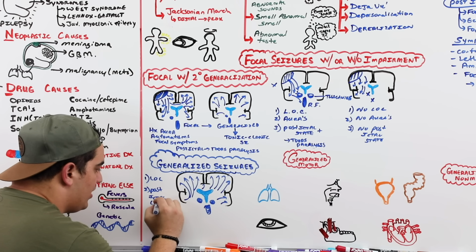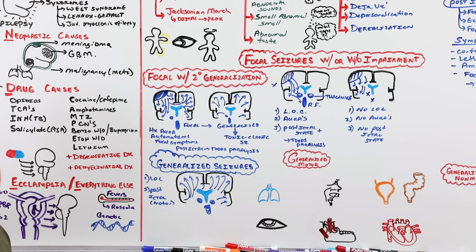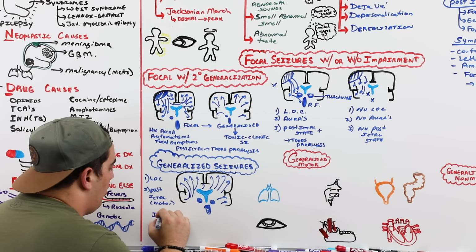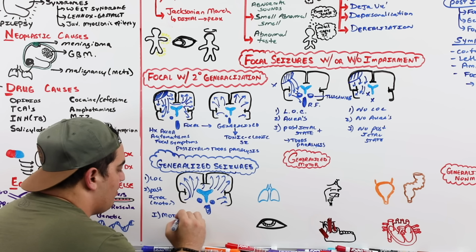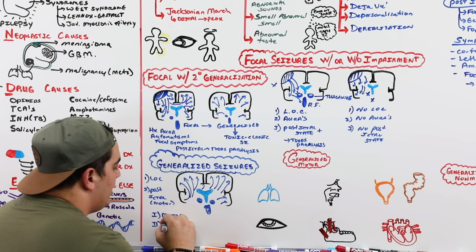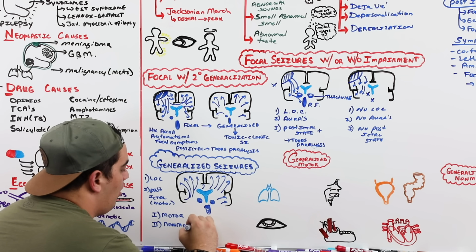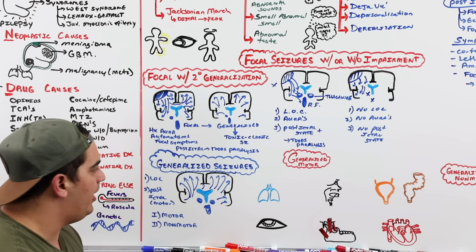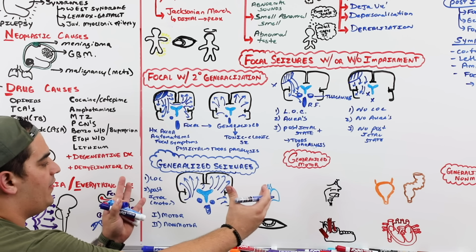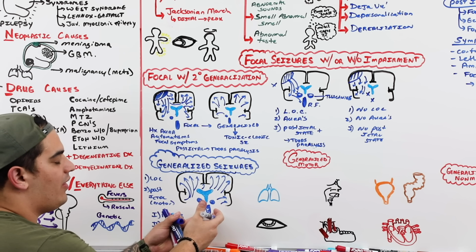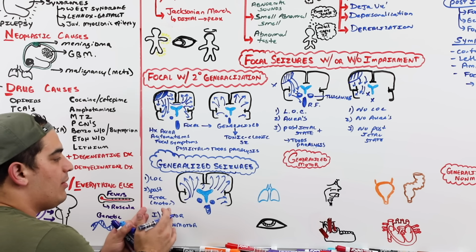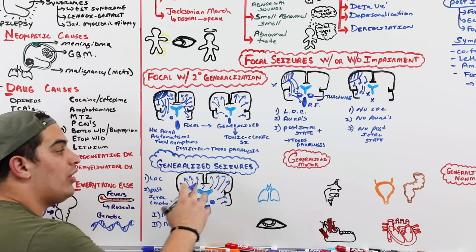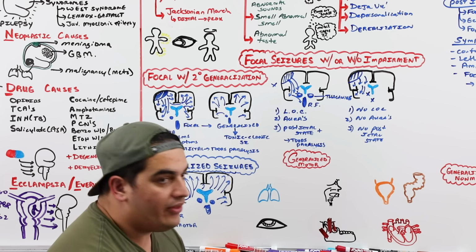But it's a post-ictal state in the motor type of generalized seizures, because there are actually two types. The obvious one is the generalized motor, and the second type is the non-motor, which we also call absence seizures. But the big overall theme here: generalized seizures have bilateral hemispheric involvement with impairment because of involvement of the thalamus and the reticular formation, and a post-ictal phase, especially in the generalized motor. There are two types, motor and non-motor. Let's talk about the generalized motor.